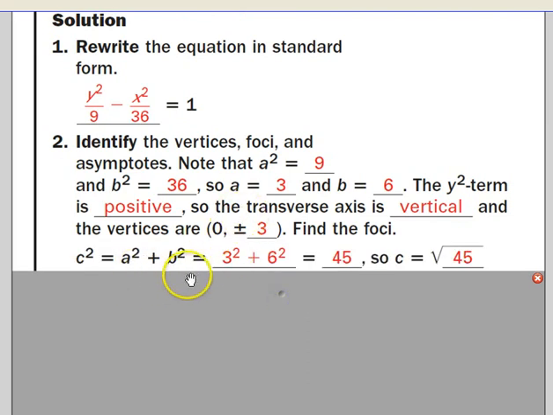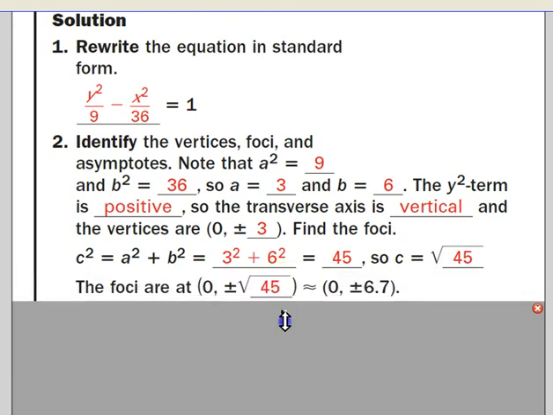Since a squared is 9 and b squared is 36, we get 45. So c is equal to the square root of 45, which is around 6.7. So my foci, which are also on the vertical axis, are at (0, square root of 45) and (0, negative square root of 45).